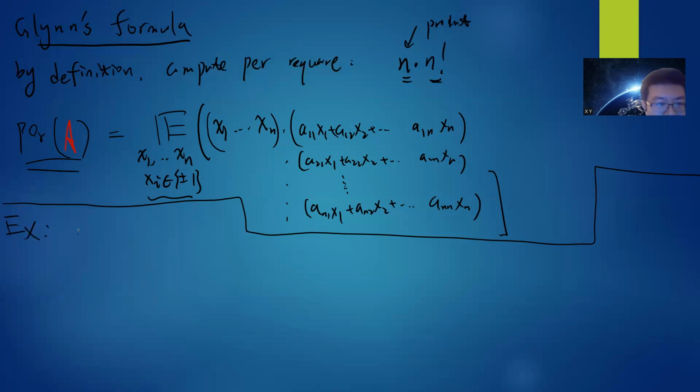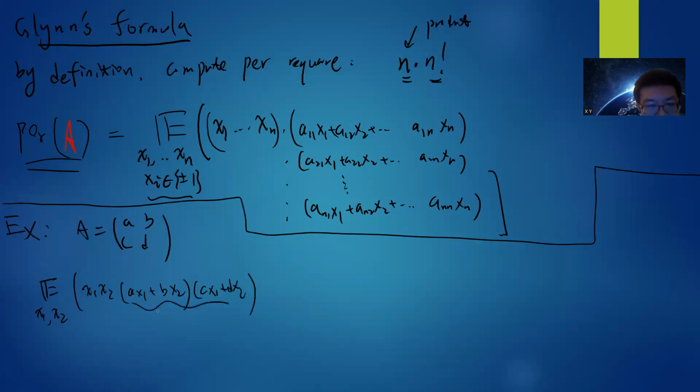Let's say the matrix is A, B, C, D. In this case, we compute the expectation value of x1 x2 times (a x1 plus b x2) times (c x1 plus d x2). And obviously this product is ac x1 squared plus (ad plus bc) x1 x2 plus bd x2 squared.